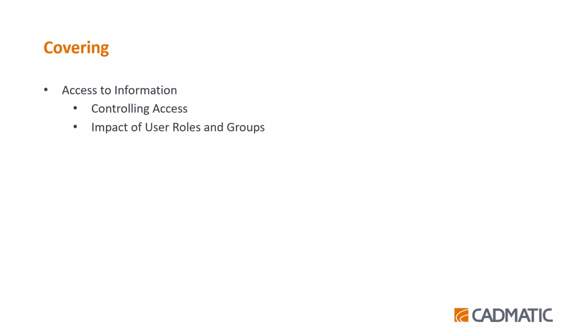So we're going to cover the ideas of information access, and with that you need a degree of control over who has access to that information, and in eShare that covers the concept of user roles and user groups.